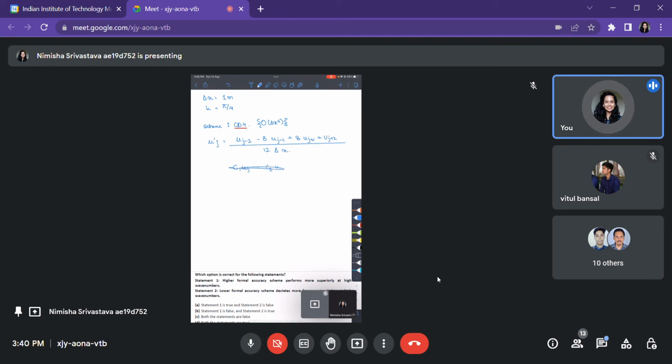Basically my entire idea is to transform it into some iota into k star, okay, this is my modified wave number, into u j. This is what I want to do.